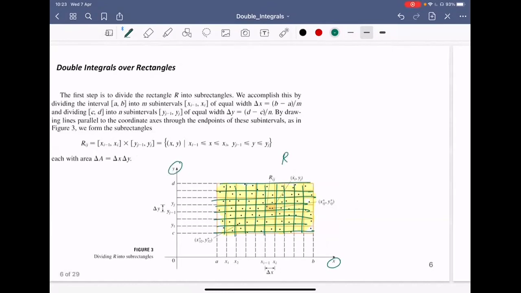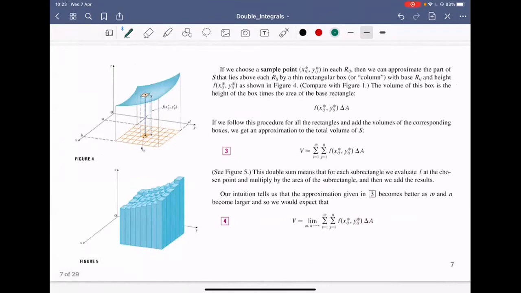And then the idea is you're trying to compute the volume of each box first. Once you get the volume of each box, you can just sum it up, and that is going to be your Riemann sum. Sounds good? This is the formula for the Riemann sum, actually.